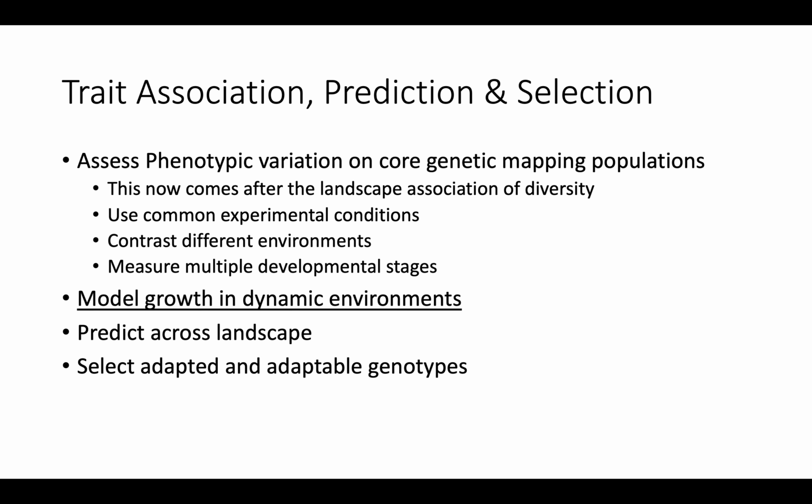When we get this done, and I'll go in later on into different slides, when we have genotypes, when we have phenotypes in different environments, we can put this together in a model.